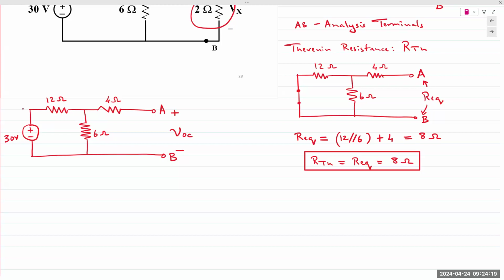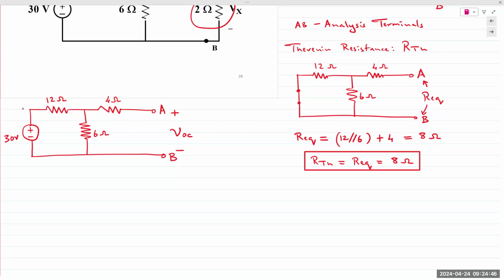So, what is the relationship between 12 and 4 ohms? One answer says series. How about 4 and 6? Series, parallel. Think about this.